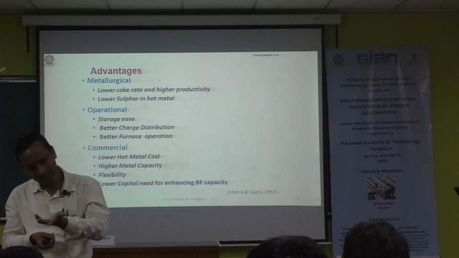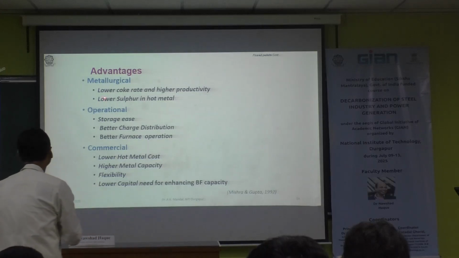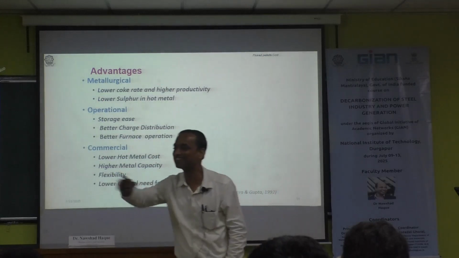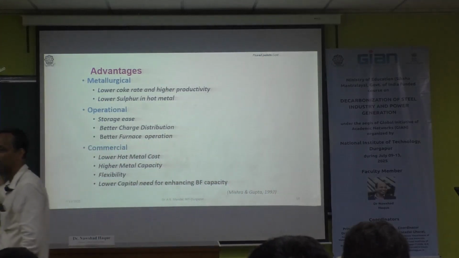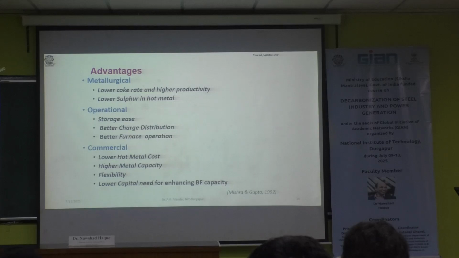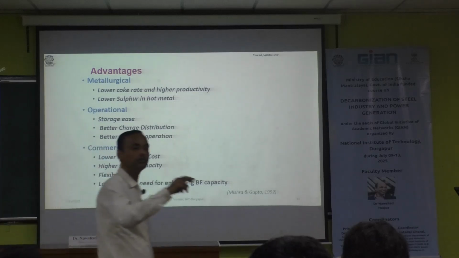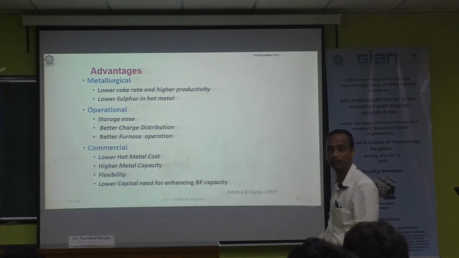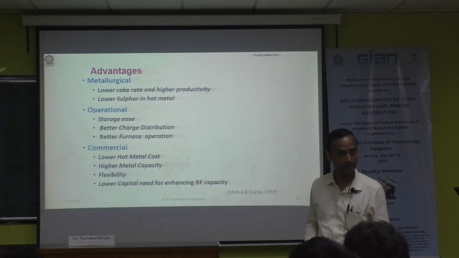Then sulfur should be high, yes. Then what you are talking about here is lower sulfur content in the bottom, because your charge material already has high sulfur. Actually, this is not for that. This is due to the lower CO2 requirement. Therefore, ultimately, the lower sulfur content. It's clear.